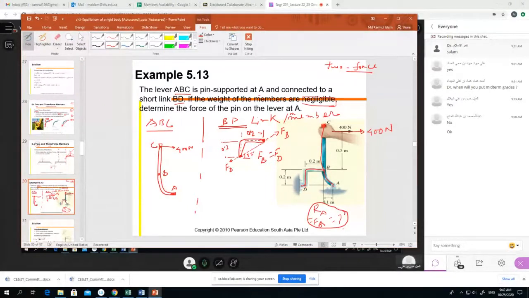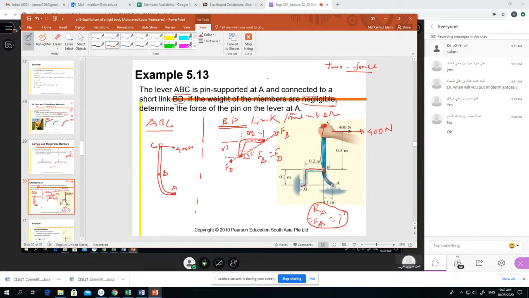First, we have two separate members, joint members. One is BD and the other is ABC. After we separate them, we found that BD is actually a two-force member because we have only two joints. So if force B works in that direction, it will be collinear, and the force at D will be in the opposite direction.